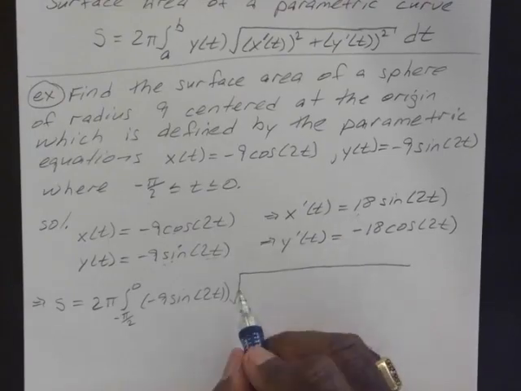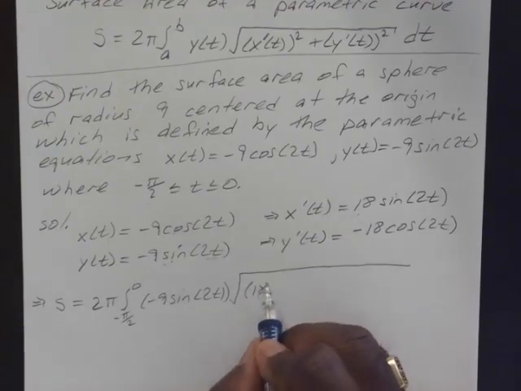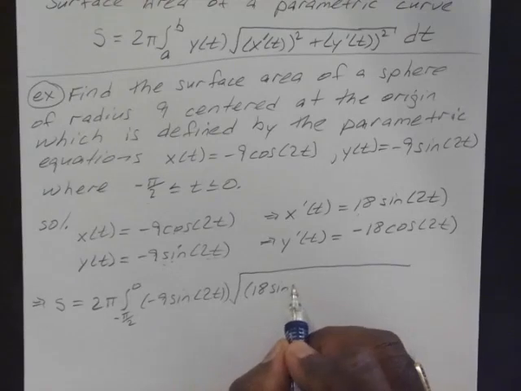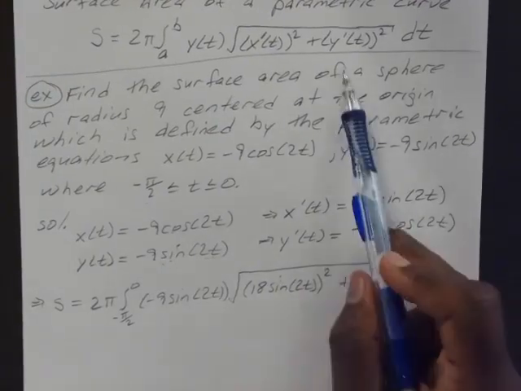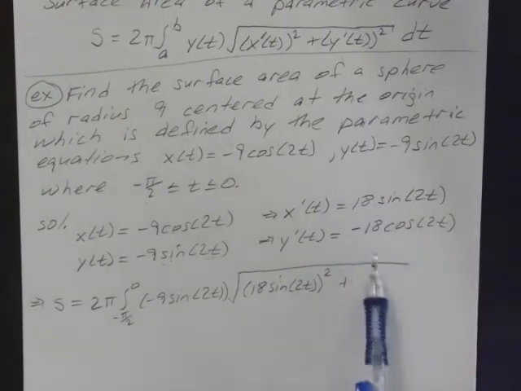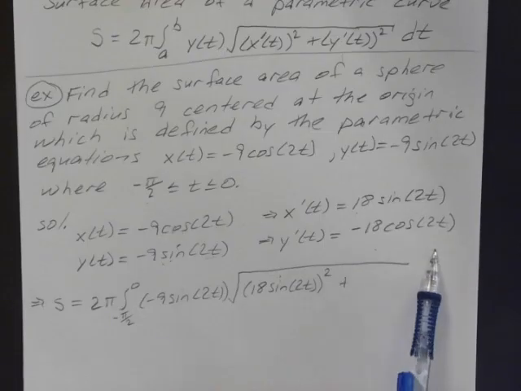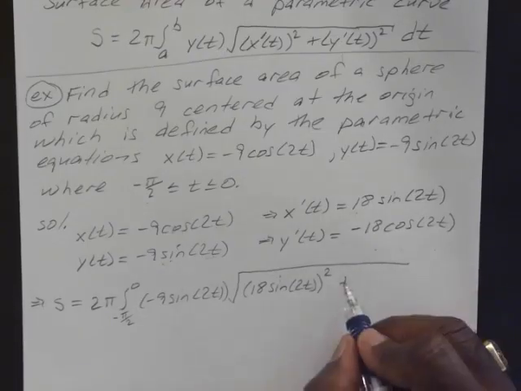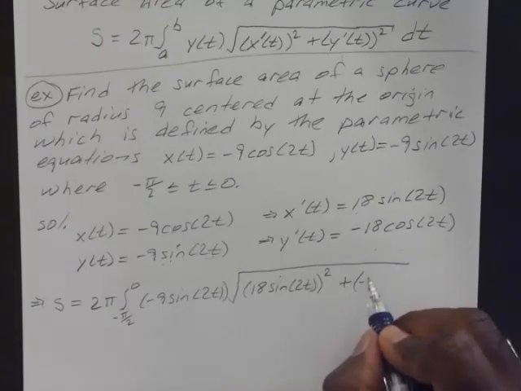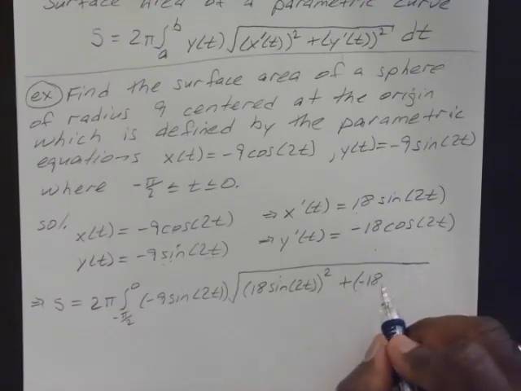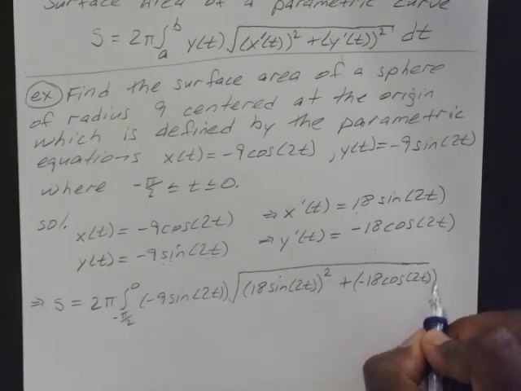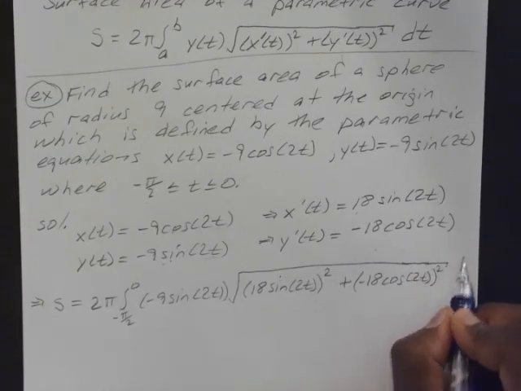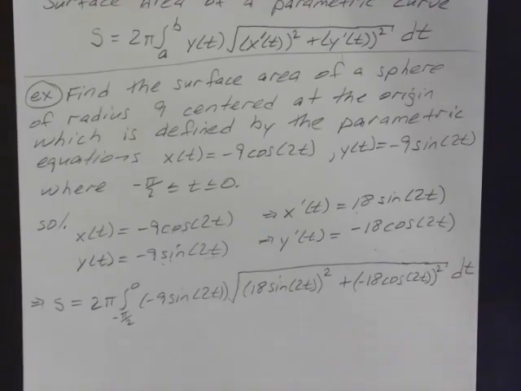So that's 18 times sine of 2t, squared, plus your y prime of t, which is negative 18 times cosine of 2t, squared. And that's with respect to t.